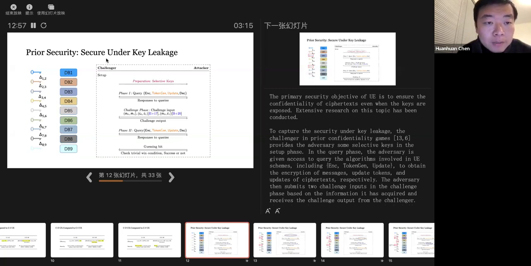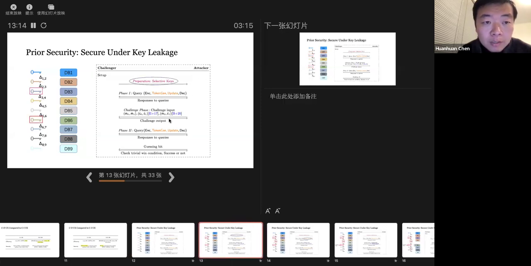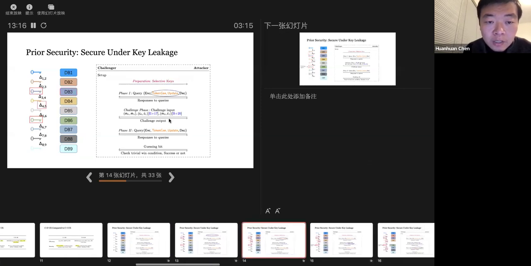How can we capture the security and the key leakage? In the preparation part, the challenger gives some selected keys to the attacker, and in this way captures the security under key leakage.